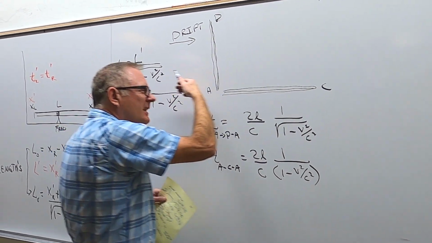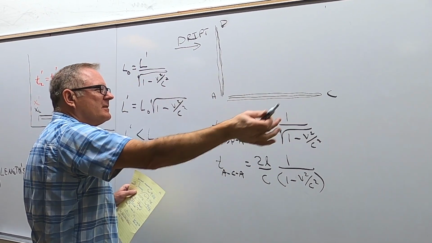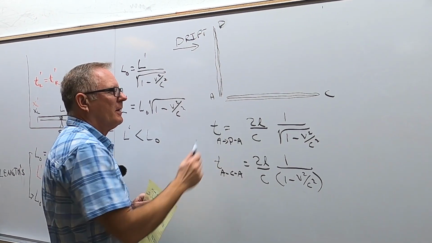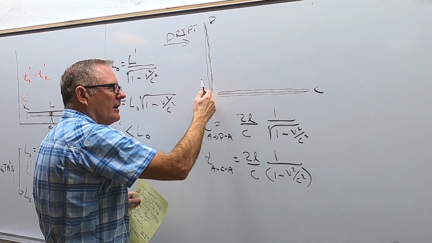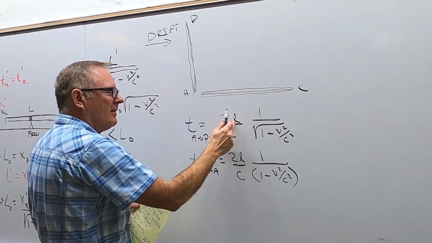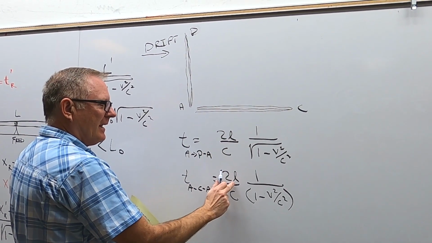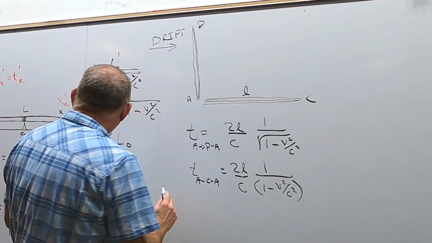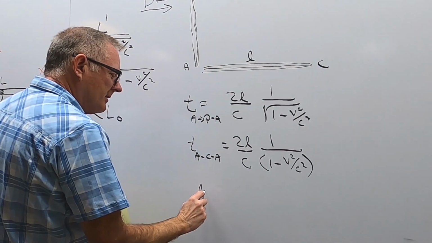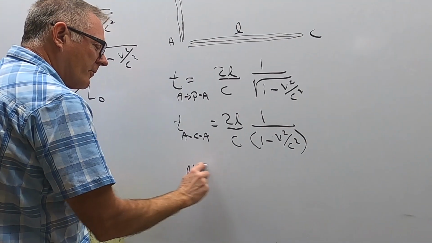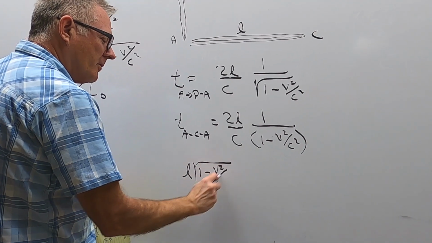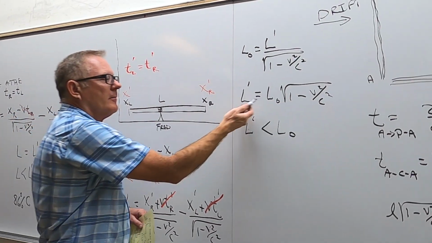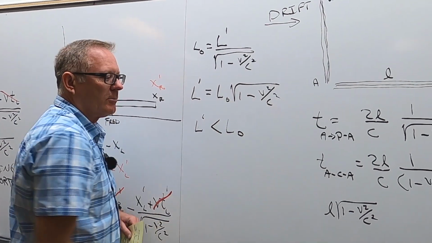But now let's just say this thing is moving right here. If this object is moving, this length doesn't get shortened, but this length does get shortened. Instead of being an L from here to here, it becomes L times the square root of 1 minus V squared over C squared, because remember, we said the lengths become shortened, you just multiply it by this term.